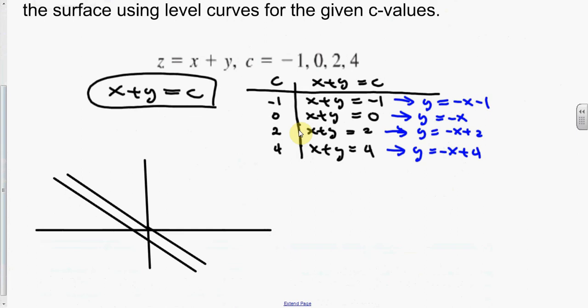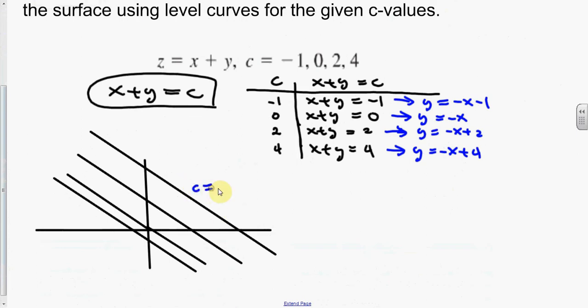And then the next one, for c equal to 2, the y-intercept is 2. And the next one, the y-intercept is 4. And then we can label now: c equal to 4, c equal to 2, c equal to 0, c equal to -1.